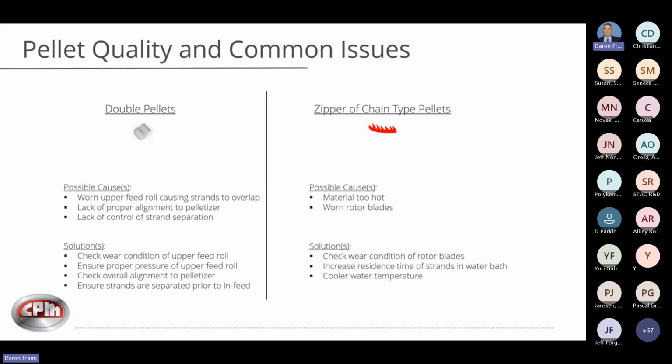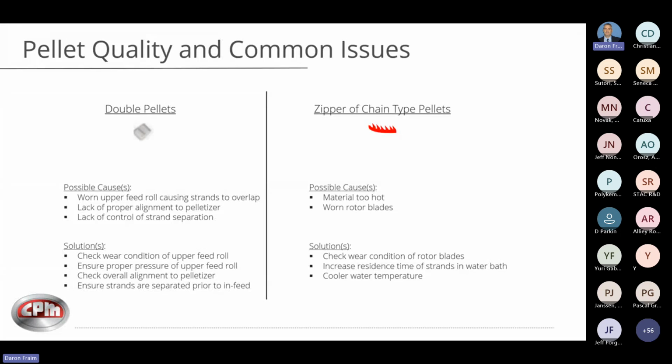Upstream of your pelletizer, at the very front, just prior to entry in the infeed rolls, there's often an equipment piece that has basic separation, so you can put these strands in and separate them.